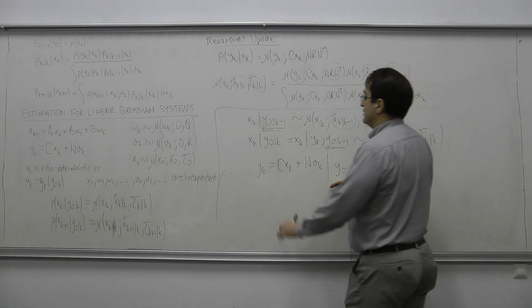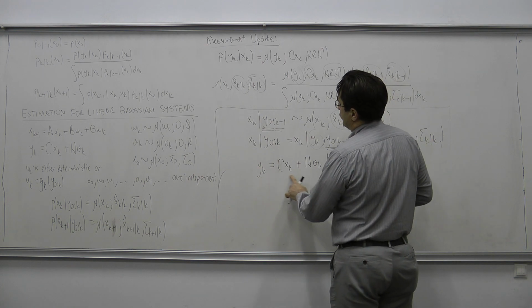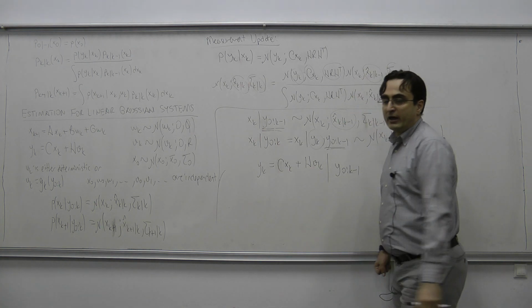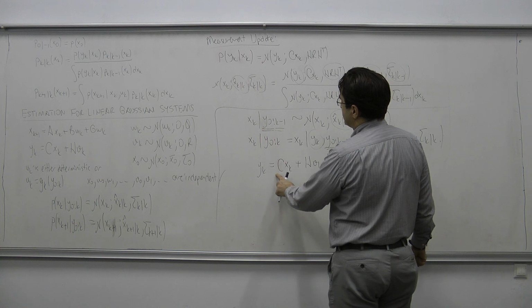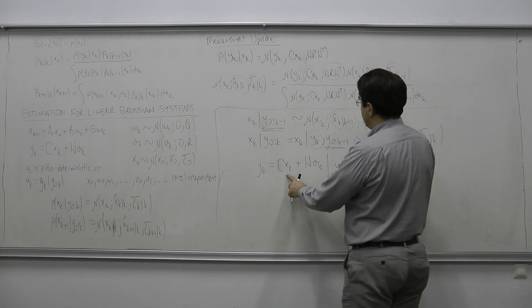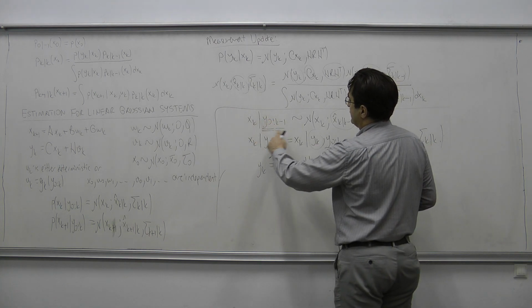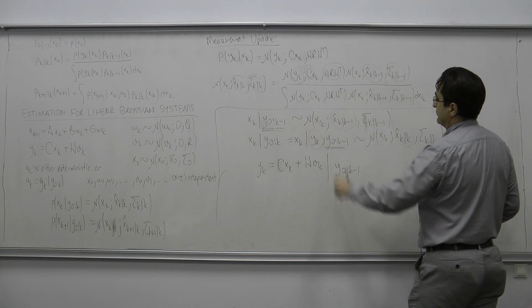I know that yk is composed of two parts, Cxk and Hvk. I know how the Cxk term is distributed, because given y0:k-1, xk is distributed by this predicted normal distribution.